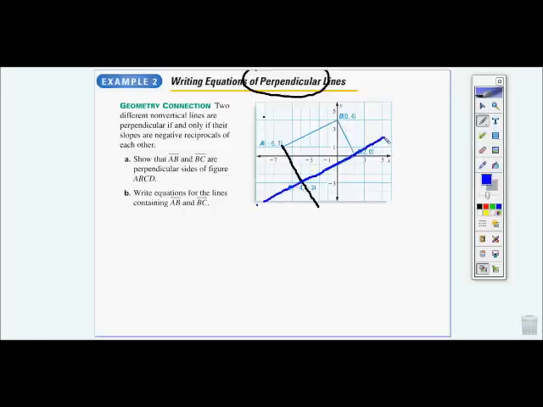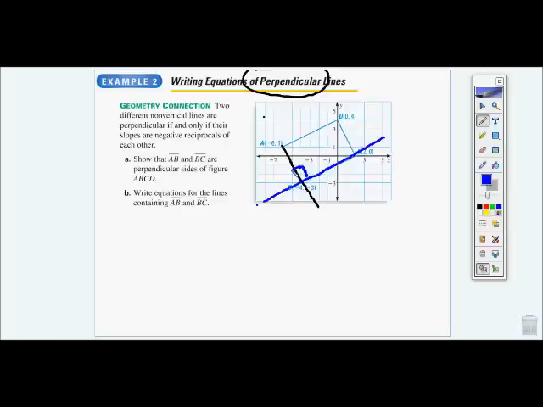And perpendicular means that it makes right angles. So line segment BC is perpendicular to AB. So we can apply a similar rule as we did with parallel lines, where we knew that our slopes were the same, to find out about perpendicular lines.